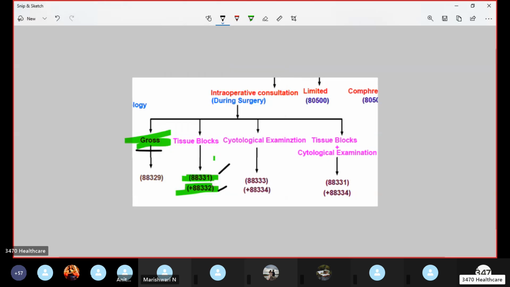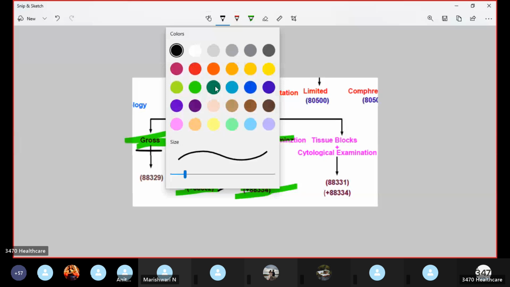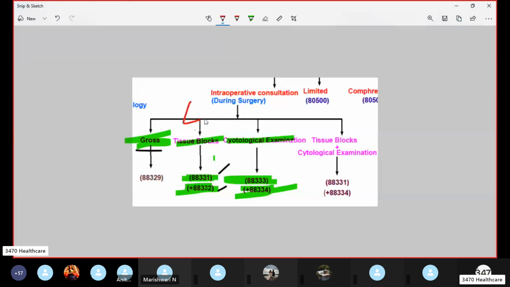Okay, so in the intraoperative we have to check what: only gross, or tissue block, or cytological examination. In cytological, initial is 88333, additional is 88334. Suppose I'm asking a question: 4 tissue block examinations, intraoperative consultation.